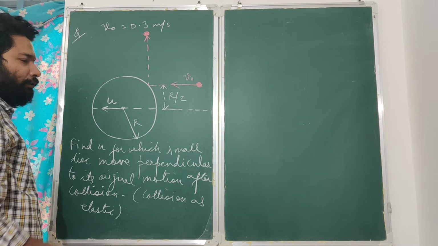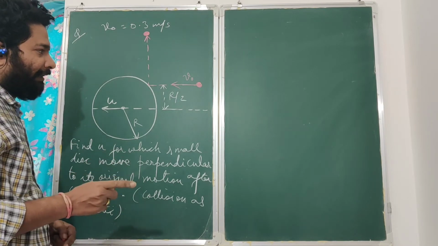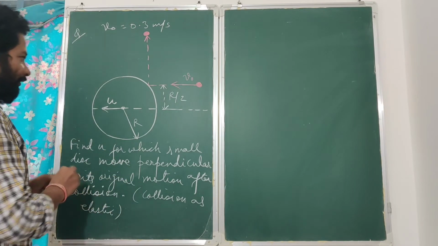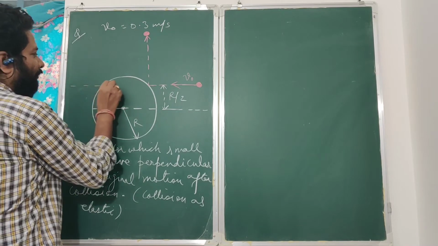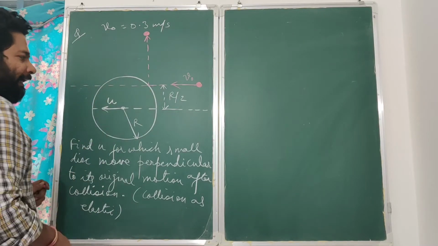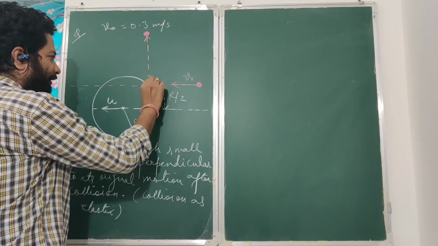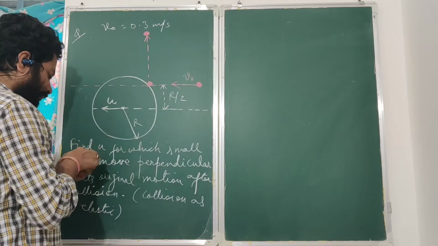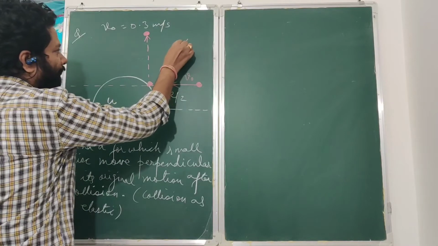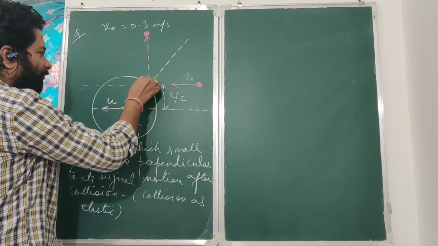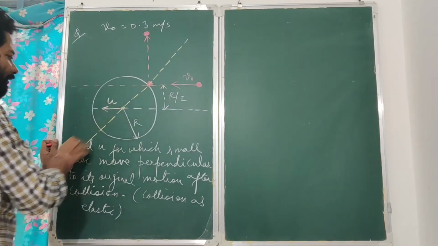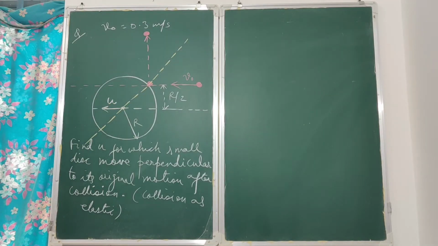The first thing is you should determine line of impact and line of motion. So you can see this is your line of motion. What will be line of impact when this ball reaches here? It's here. So this will become your line of impact. So obviously the impulsive force will act along this line of impact, correct?